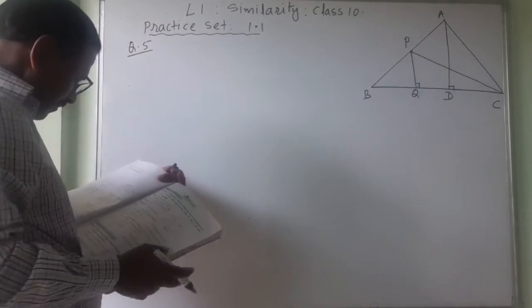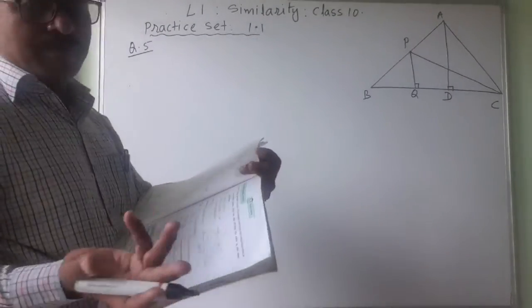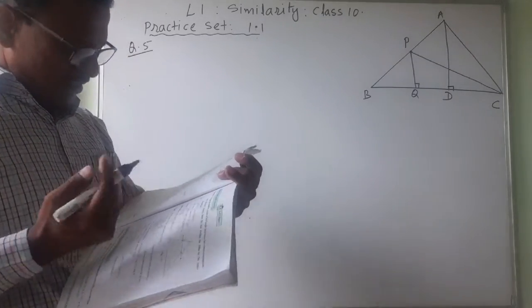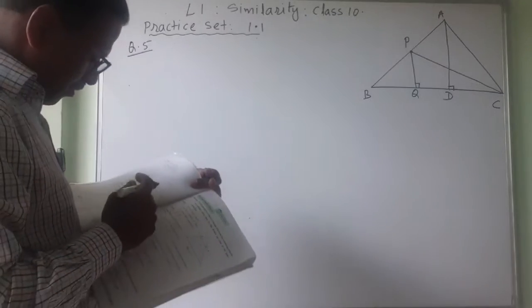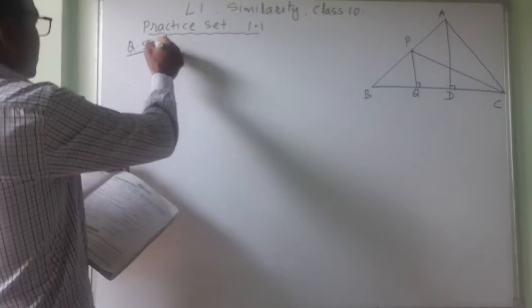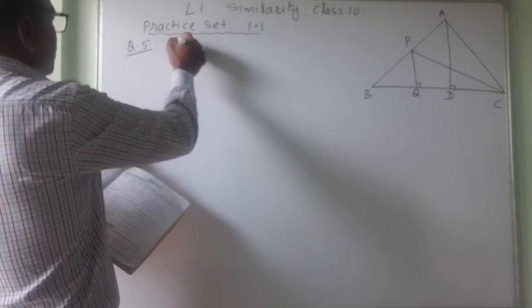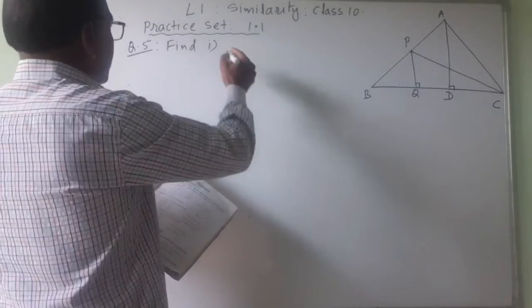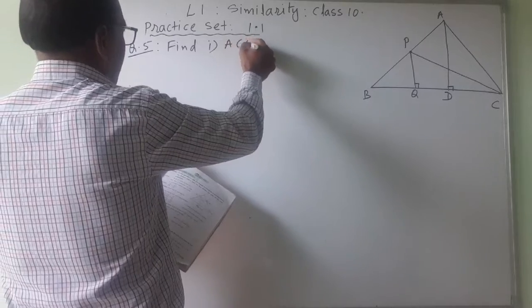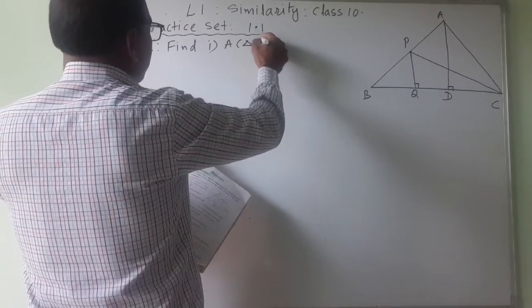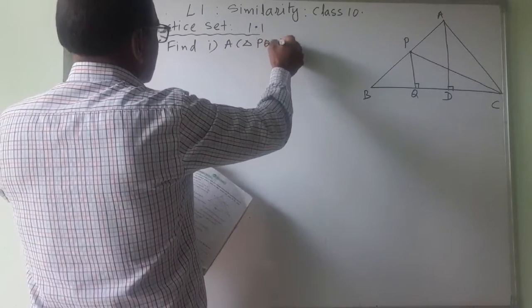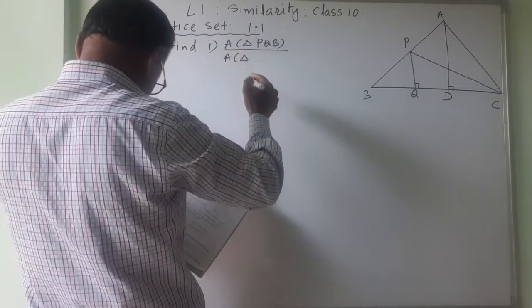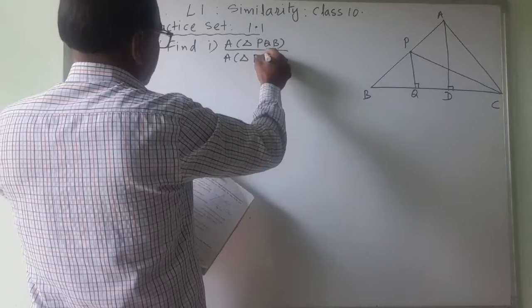So I am not writing in the adjoining figure PQ perpendicular to BC, AD perpendicular to BC, and so on. Find the following ratios. Directly I will come to the point. Find 1. Area of triangle PQB upon area of triangle PBC.